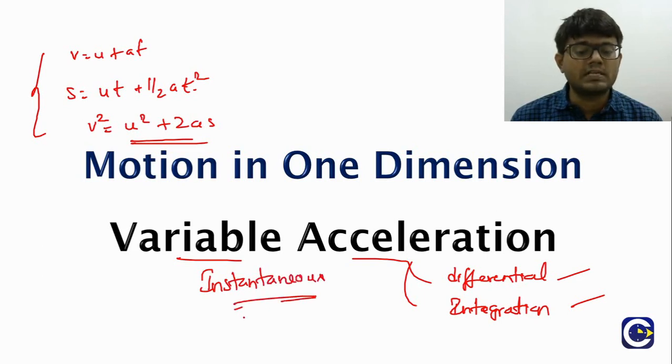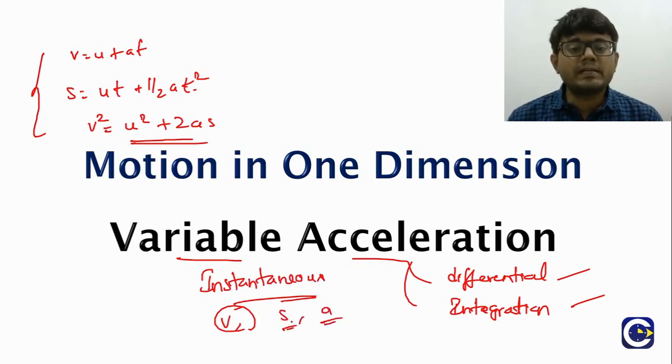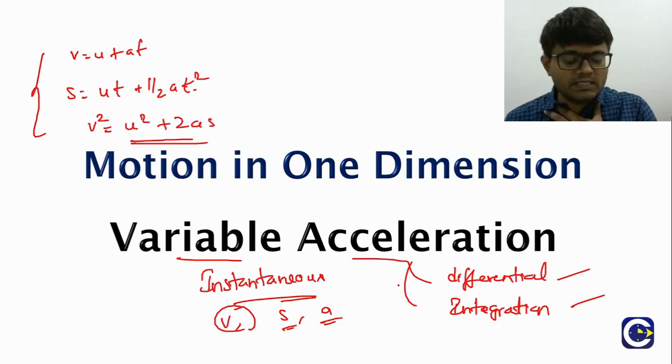So we'll talk about what is the relation between the instantaneous velocity, instantaneous acceleration, and what is the displacement till that point of time. So all these relations we'll be able to get by using either the differential equation approach or the integral equation approach. We'll see how these equations will be used.